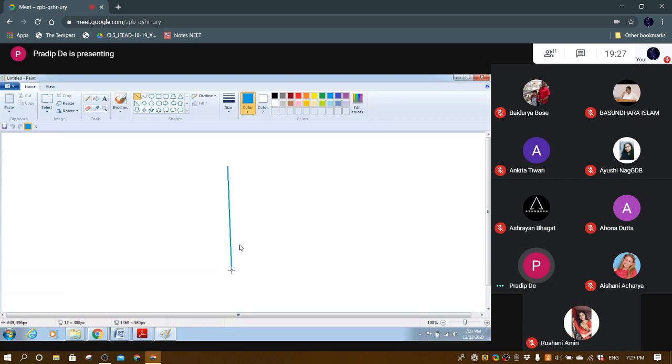So imagine this is a straight line, excuse me, and this line is fixed, and there's a point. And this point is also fixed. Now there's a variable point.